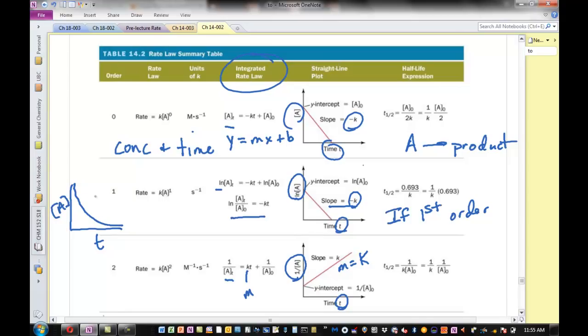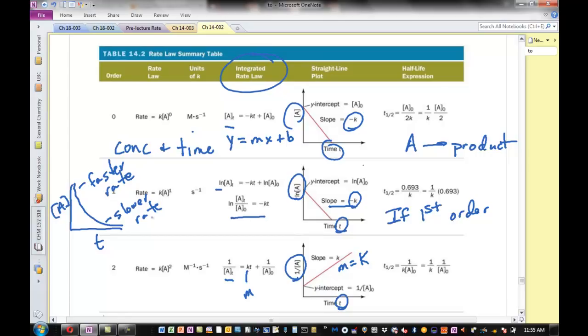Generally, for first or second order, as we have higher concentration of reactant, the reaction has a faster rate. More molecular collisions, faster rate of reaction. As the concentration of reactant drops off, less collisions, slower rate. And that's why we generally see a curve.